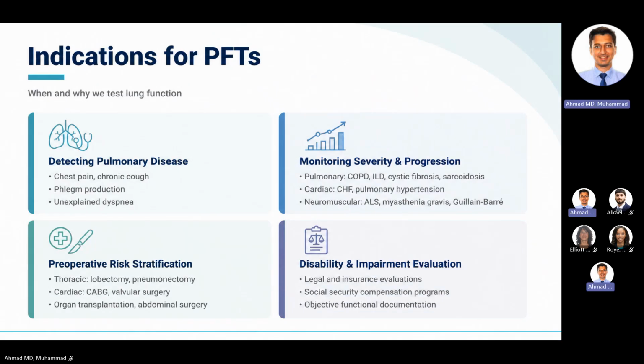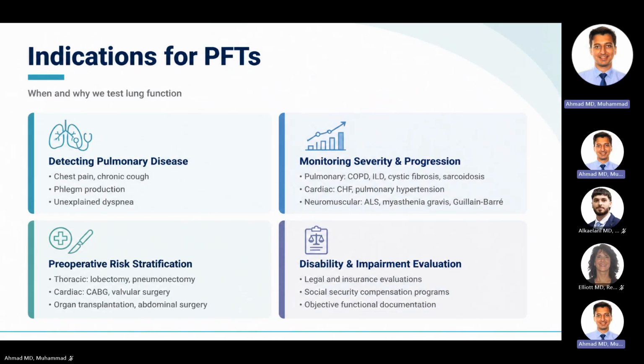So what are some of the indications for pulmonary function tests? For individuals whom you suspect to have asthma or cough variant asthma, or patients presenting with respiratory symptoms such as cough, phlegm production, or unexplained dyspnea.